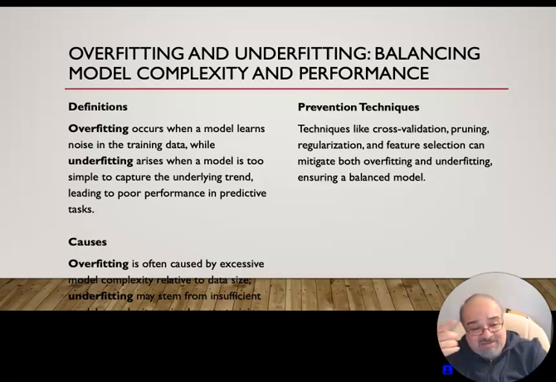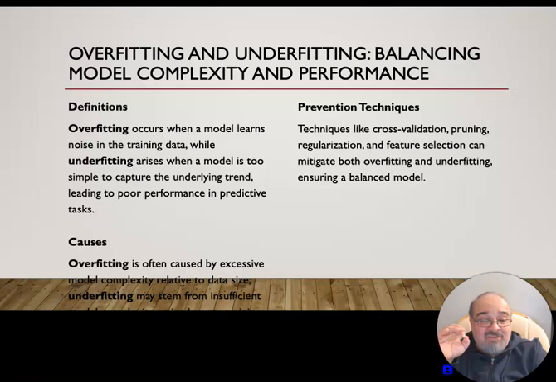And so by understanding the dynamics behind these phenomena, such as their causes and their effects, we can implement strategies like cross-validation, feature selection, and regularization that can help protect against that, and hopefully give us models that generalize well from the data.